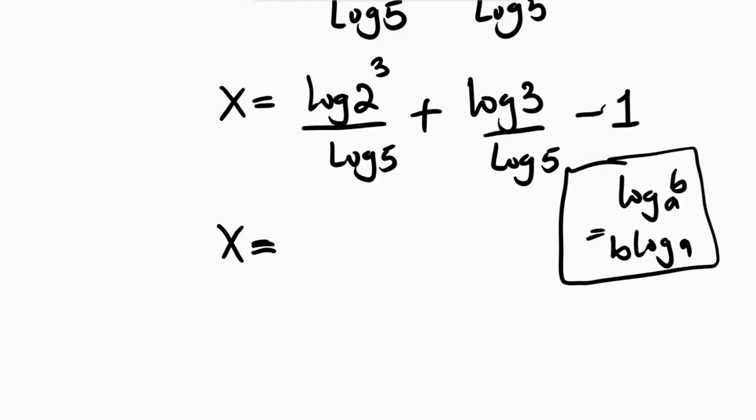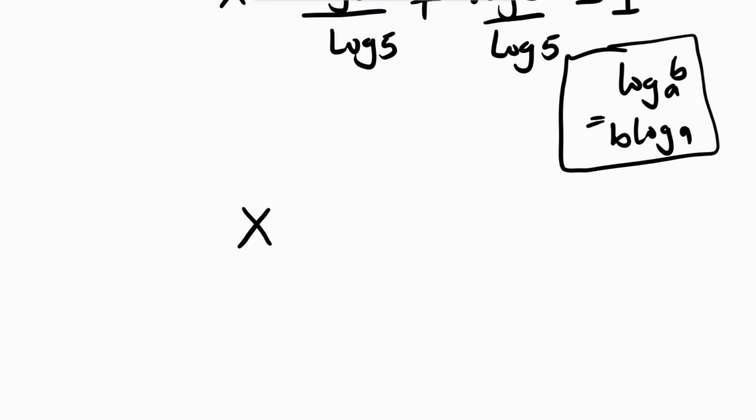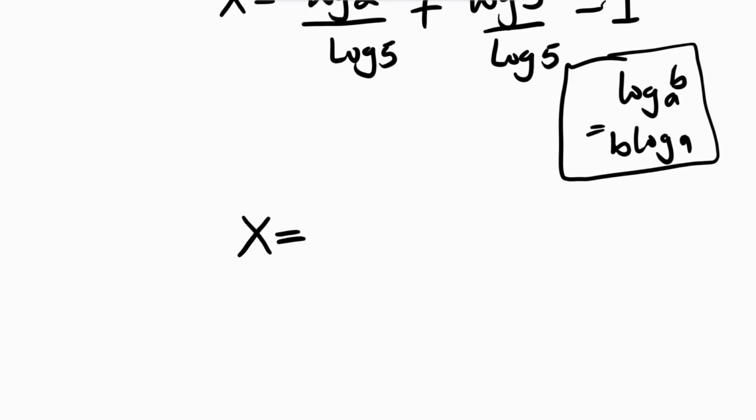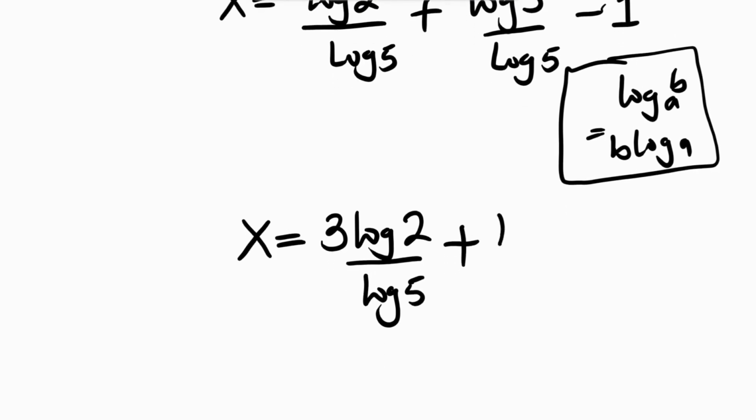So our x now becomes 3 log of 2 divided by log of 5 plus log of 3 divided by log of 5 minus 1.